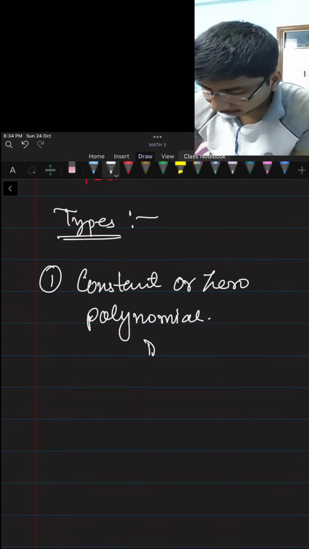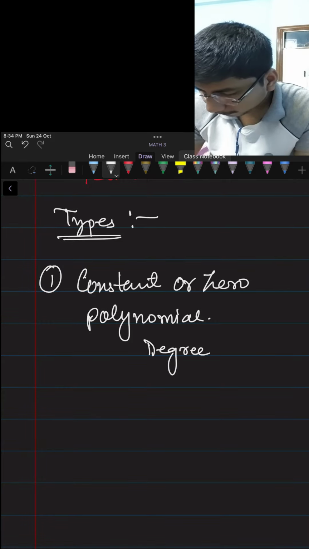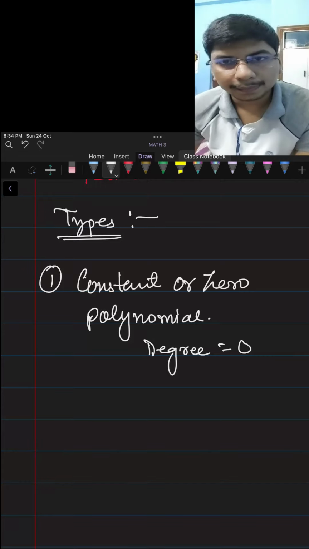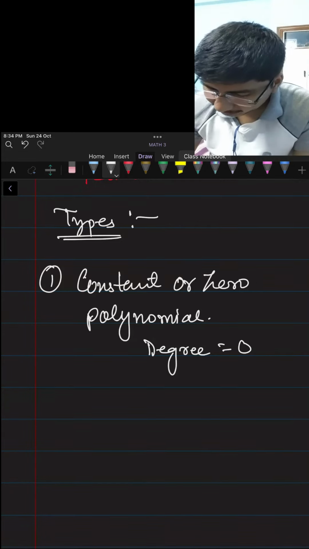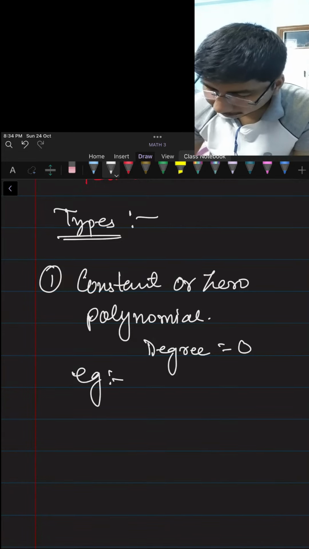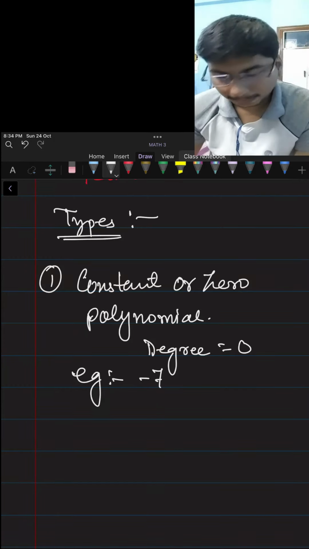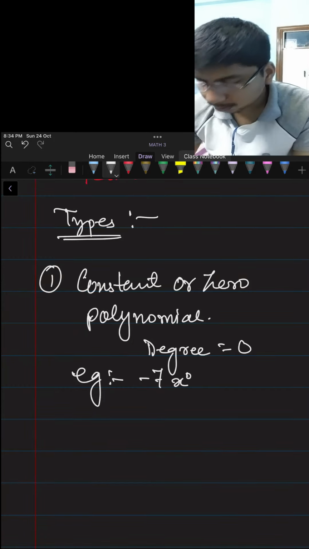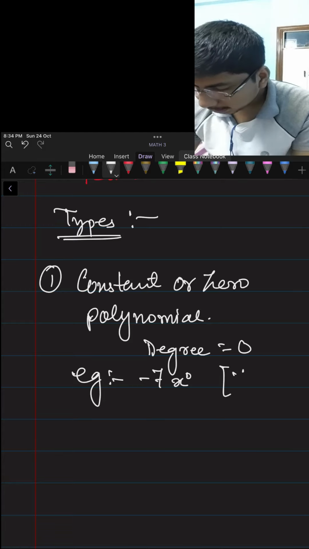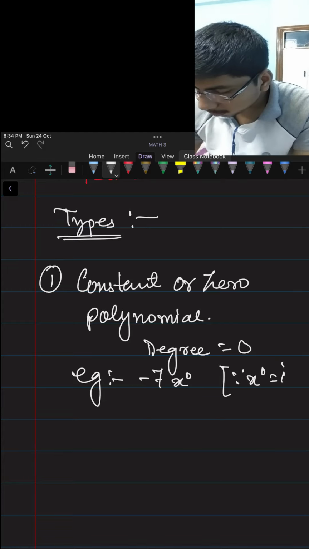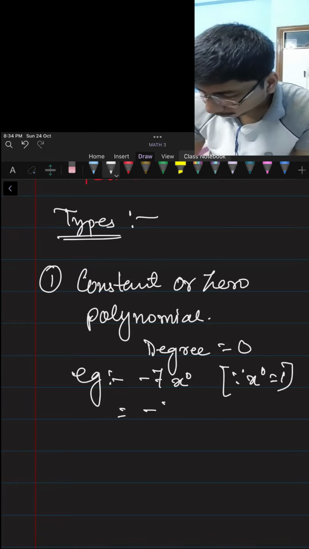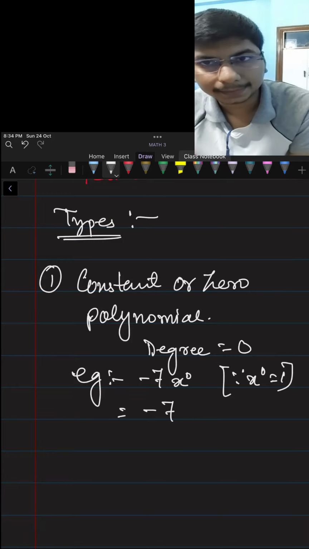Here the degree will be 0. Let's take an example: as we have done earlier, -7, which we can represent as -7 times x to the power 0, and because x to the power 0 is 1, after solving it results in -7.